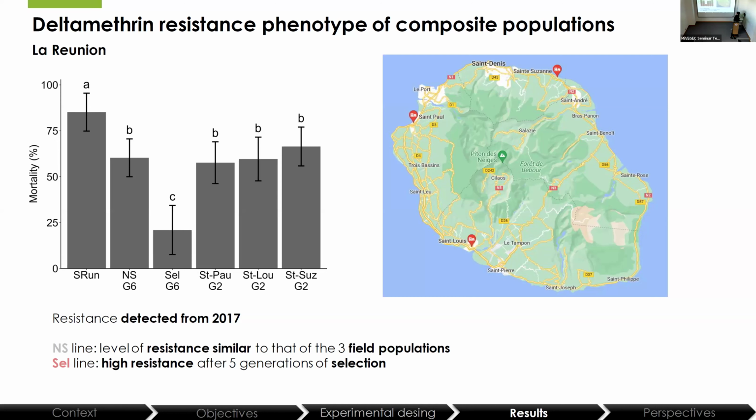And the selected line is very resistant after only 5 generations of selection.